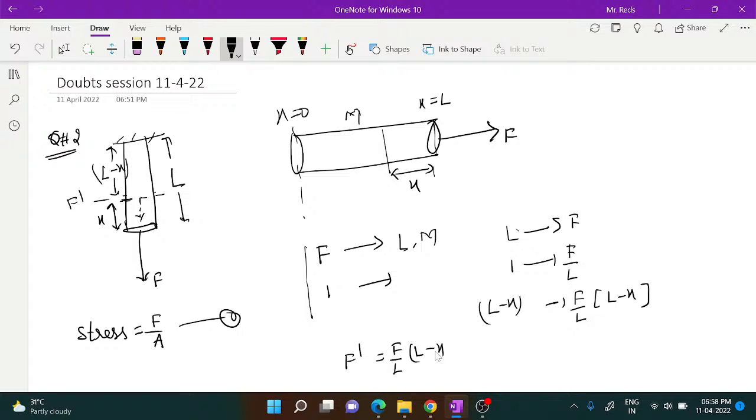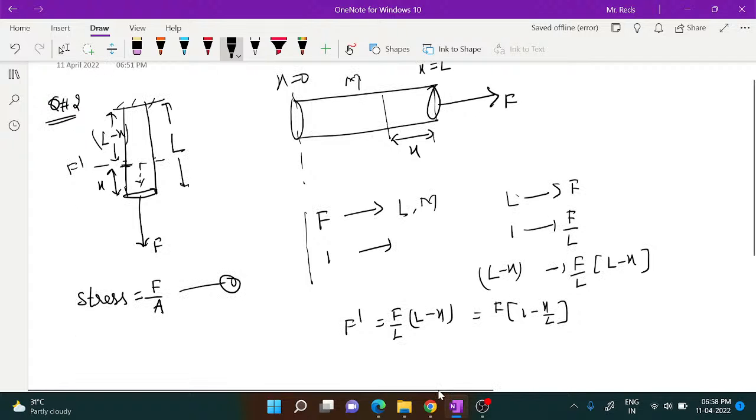This can be expressed further as F into 1 minus x by L. Depending on the requirements, you have to simplify this. This is the force acting over here. Then the stress at that point is F dash by area. Area is the same only, so F dash is F into 1 minus x by L, divided by area.